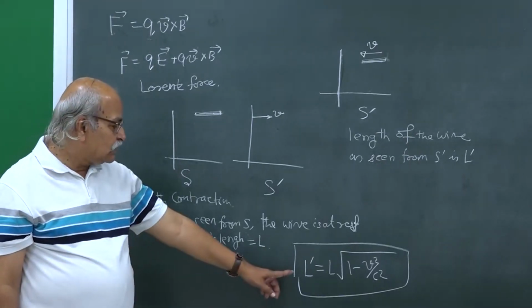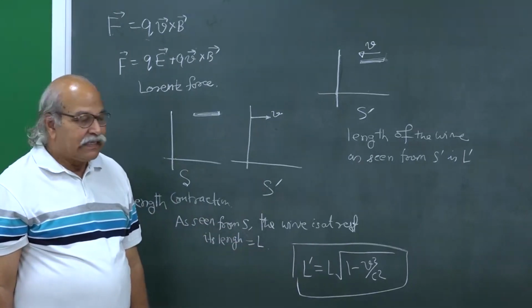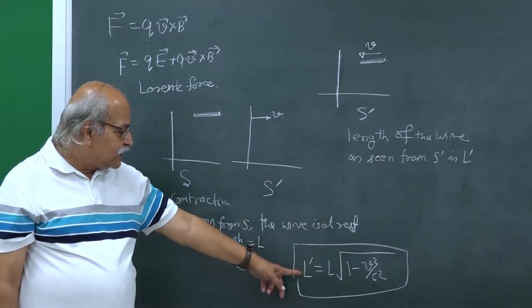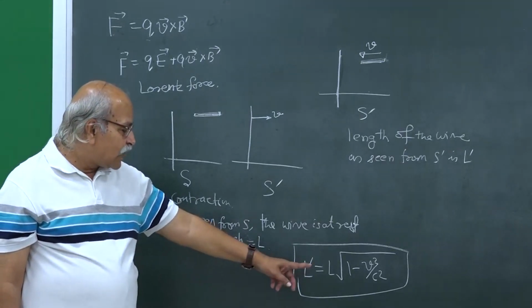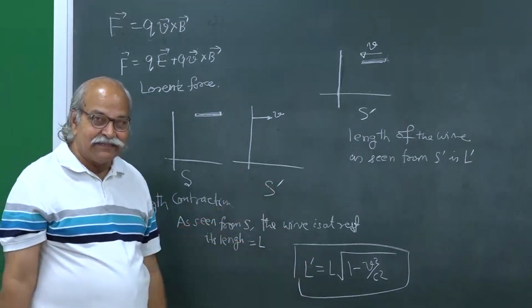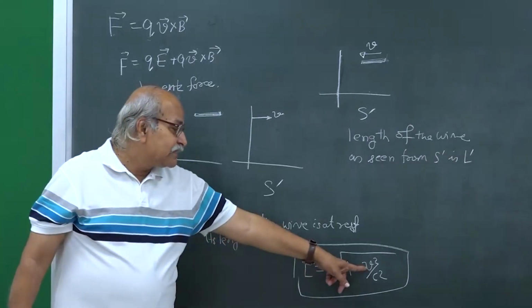Make sure you understand what is L prime and what is L. L prime is the length measured when the rod, the wire, or whatever distance you are measuring is moving with respect to you with a velocity v.